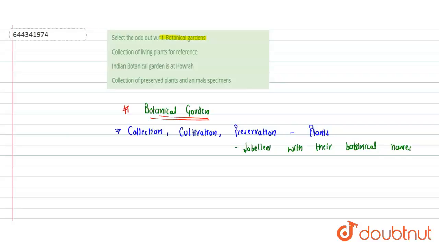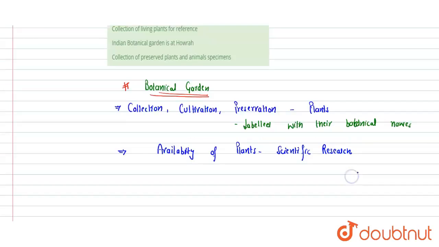So now botanical gardens have various activities. The major uses and major role of botanical gardens are to make plants available for scientific research, display of plant diversity, preservation of plant diversity, and maintenance of plant diversity.